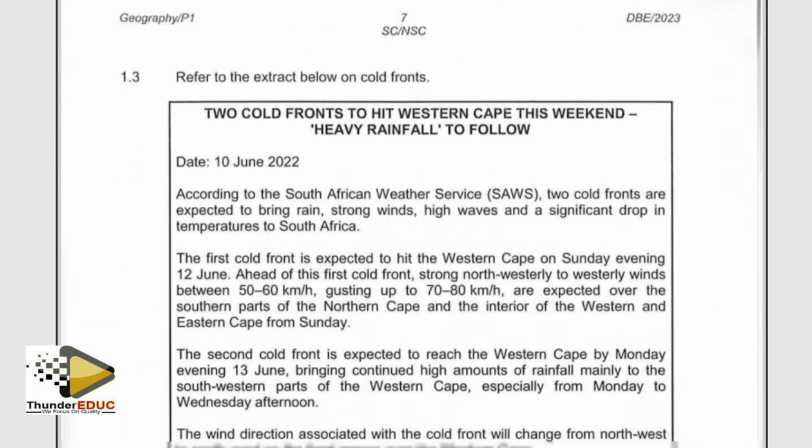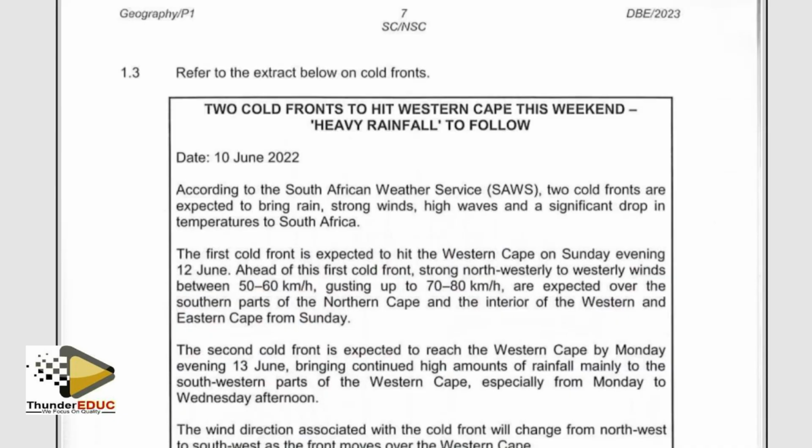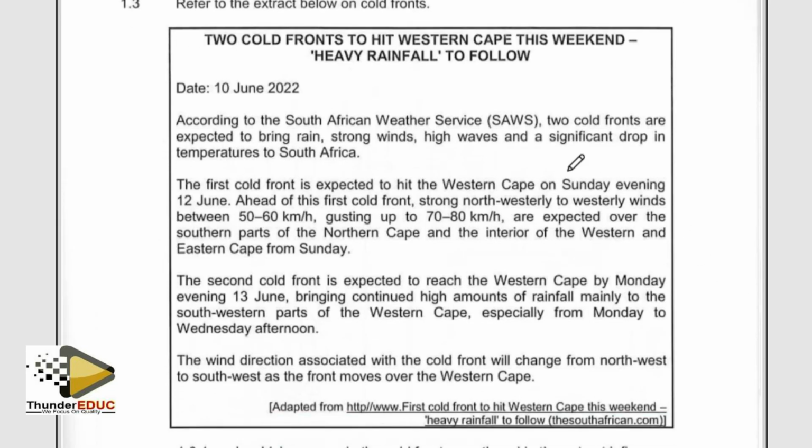The next question is a text. The text given here is 'Two cold fronts to hit Western Cape this weekend'. So we have the date here, the 10th of June, 2022. And then they show us that according to the South African Weather Service, 2 cold fronts are expected to bring rain, strong winds, high waves, and a significant drop in temperatures in South Africa. The first cold front is expected to hit the Western Cape on Sunday evening, 12 June.